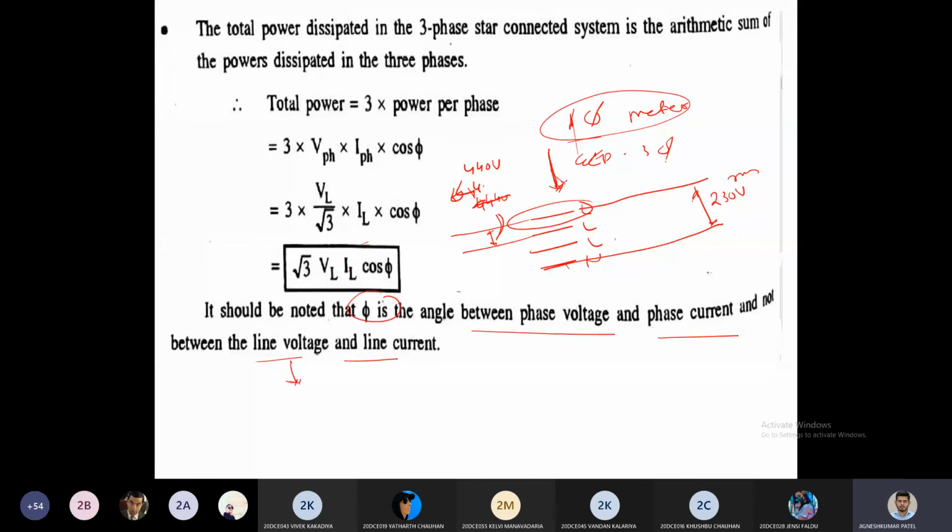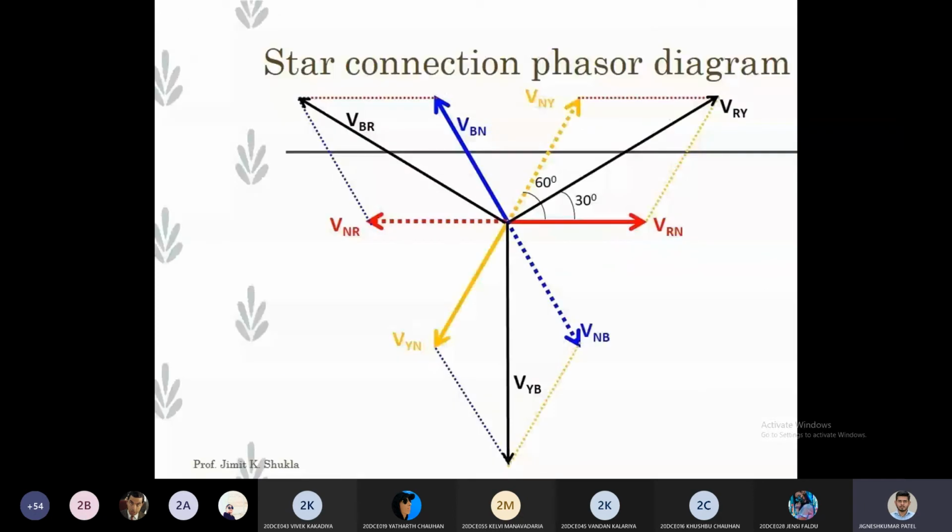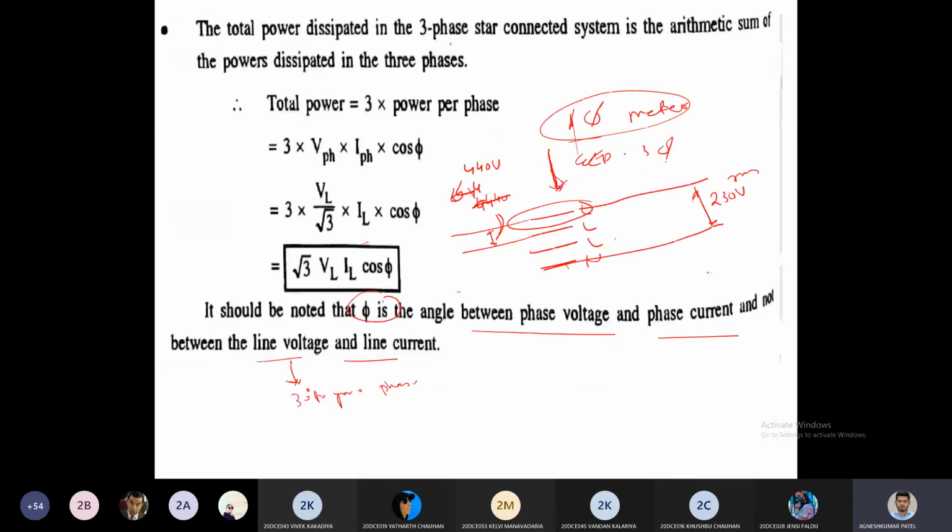Because line voltage is 30 degrees ahead of your phase voltage. We have just seen that over here. It's 30 degrees ahead. That's why the angle is phi between phase quantities and not the line. So this is the equation using which you can calculate the total power.